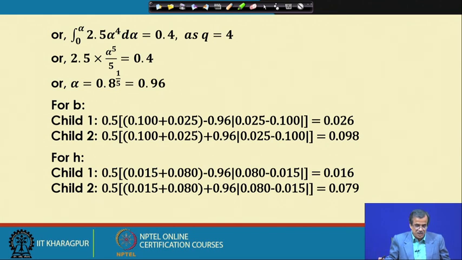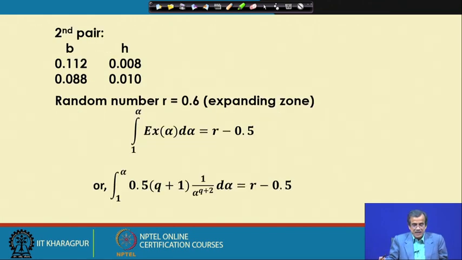Now, let us follow this for the second pair exactly in the same way and explain how to find out the second one. The second one, actually the B is equal to 0.112, H is equal to 0.008, and the second parent B is 0.088 and H is 0.1010.